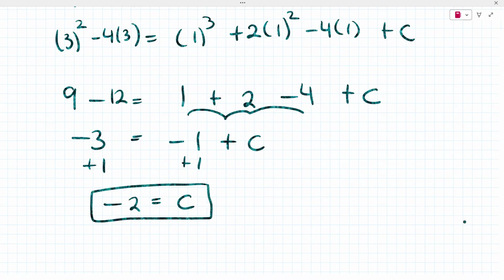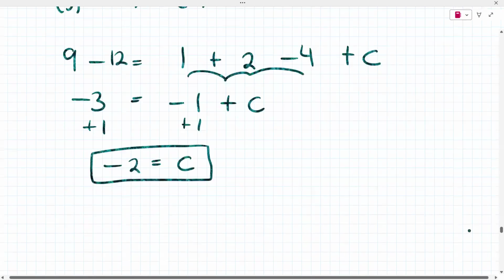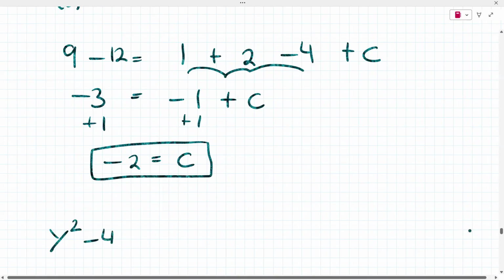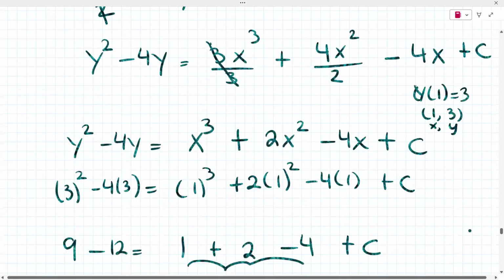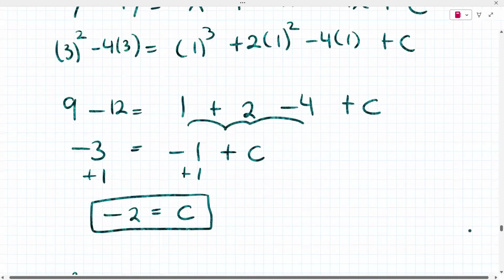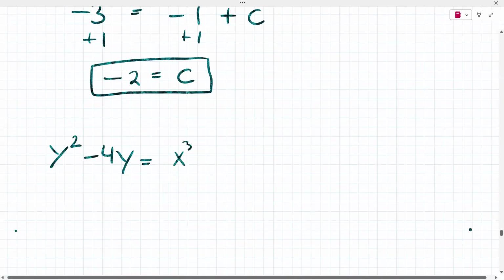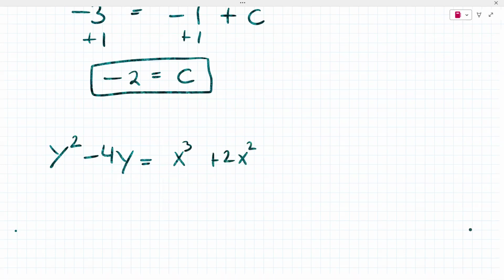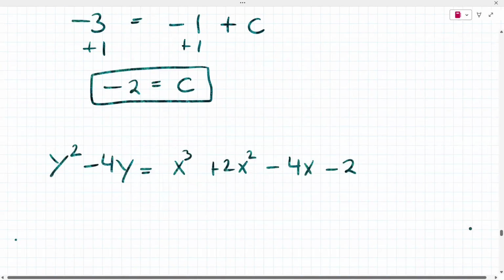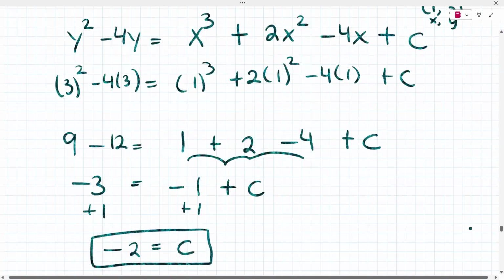Now, you can put it in explicit form. So, let's see. On the left, it was y squared minus 4y. And then on the right, it was x cubed plus 2x squared minus 4x, and then the plus c, which is negative 2.